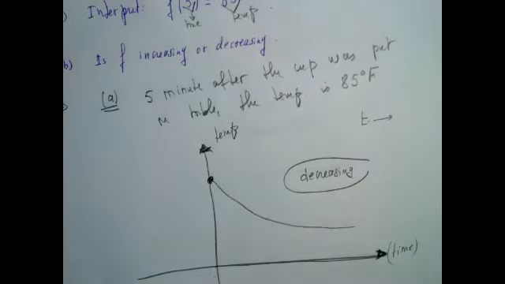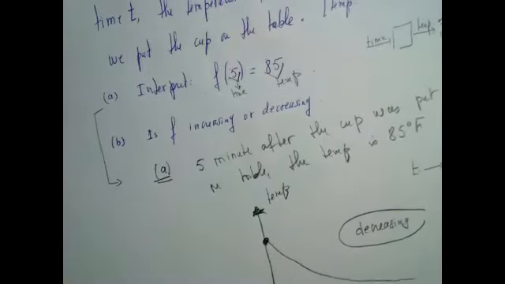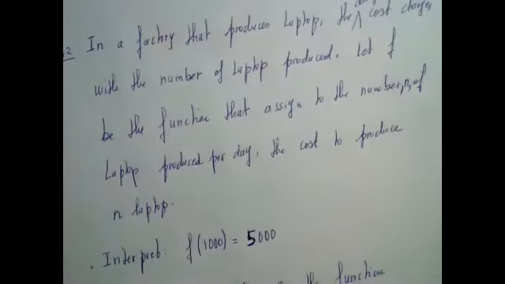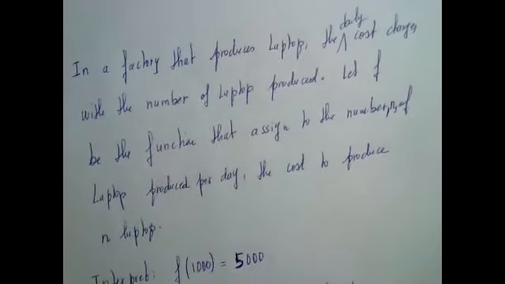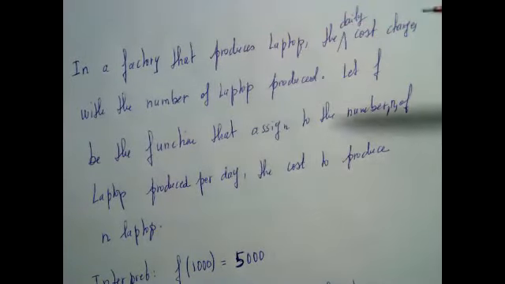Okay, another simple example along the same lines before we think about those problems graphically. Again, this is to make the point over and over about functions. So we have a factory and it produces laptops. And the daily cost changes with the number of laptops produced.